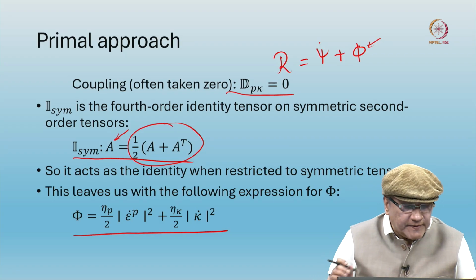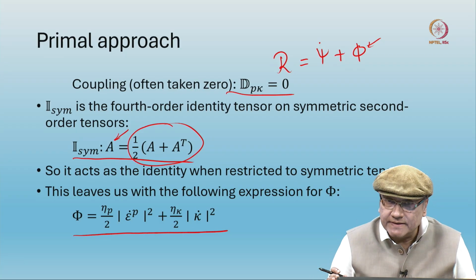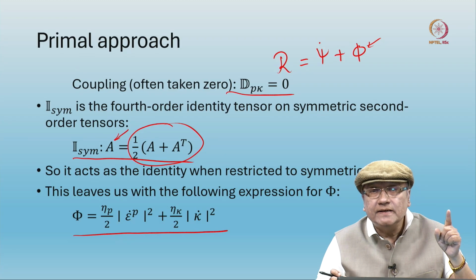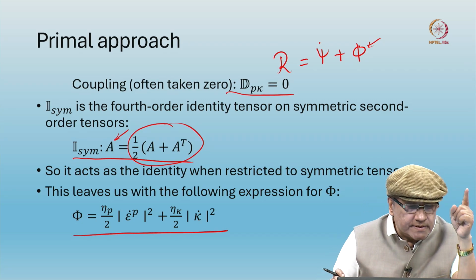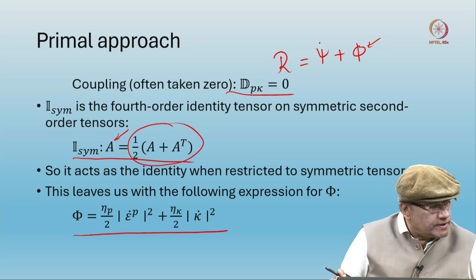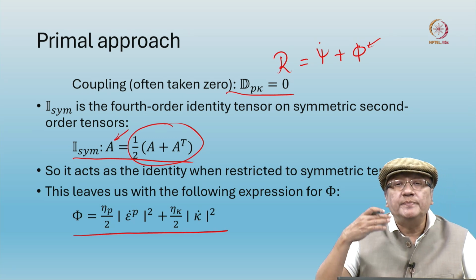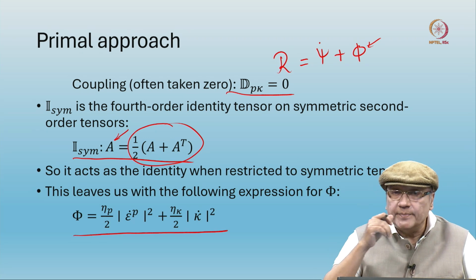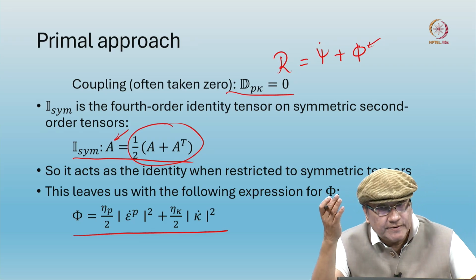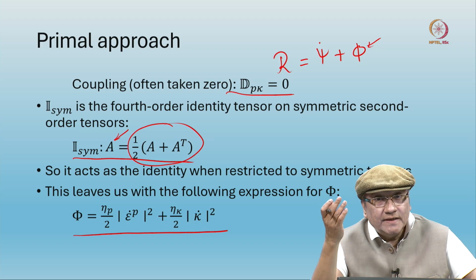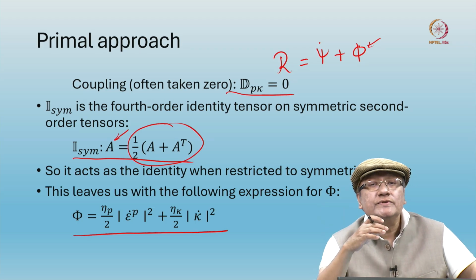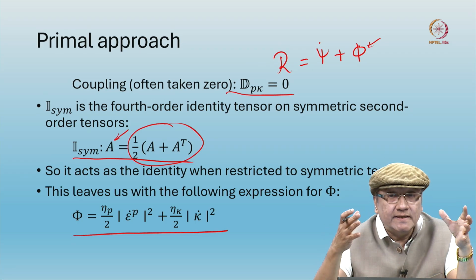The expression for phi did not have any strain gradient effect, right. It still had the dissipation because of the fact that there is this dependence only on epsilon p dot and kappa dot. They produced the dissipation. What did grad of epsilon p dot do? It did not produce dissipation, it produces a stored energy like thing, right.